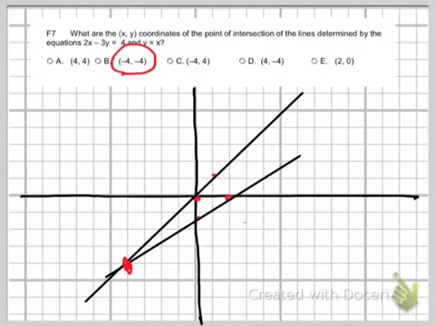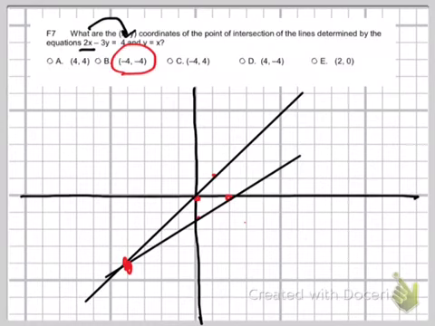Number 7, what are the xy coordinates of the point of intersection of the lines determined by the equations 2x minus 3y equals 4 and x equals y? So I graphed both of those lines. I found my y-intercept or x-intercept. 2 goes into 4 2 times, so I put a point on the axis at 2.